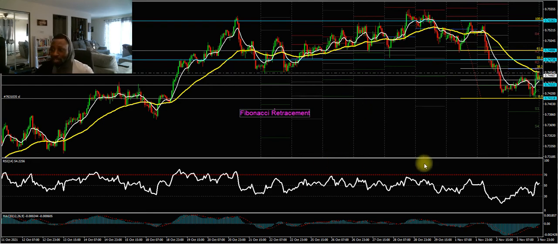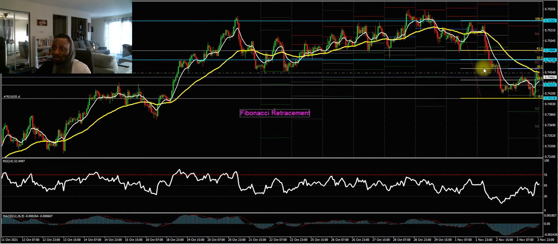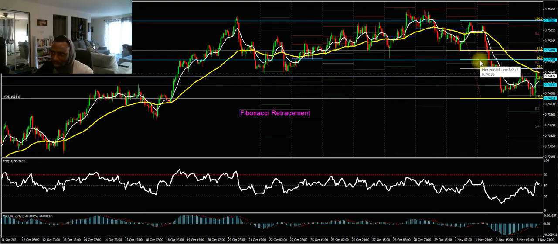These three have been tested and trusted; the market respects those zones. The market will respect 38.2 sometimes. It will get to 38.2 and then it goes back down. But more times than not, 50% and 61.8% are very crucial on the Fibonacci retracement indicator.